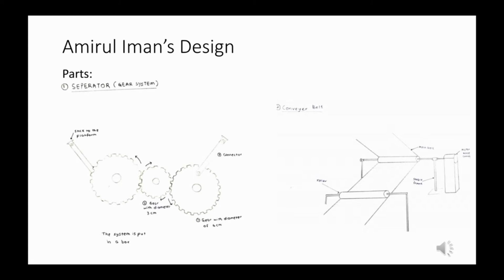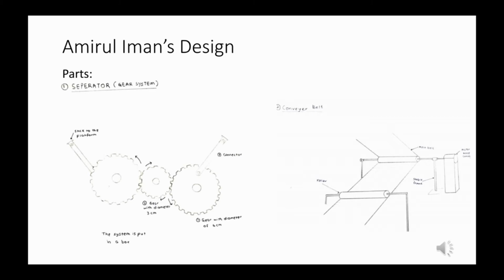When the gears move, the platform will open and close accordingly, left and right. Then the small gear will be connected to a motor, which will move the whole gear system and separate the box left and right.